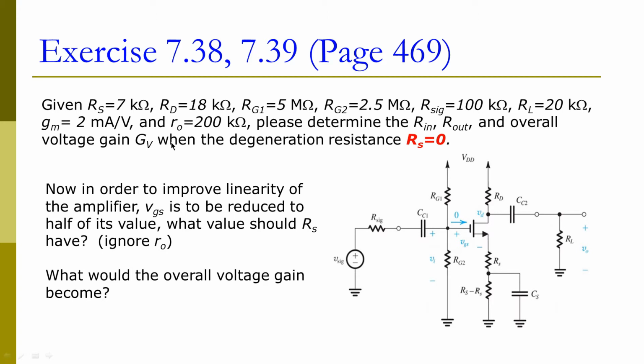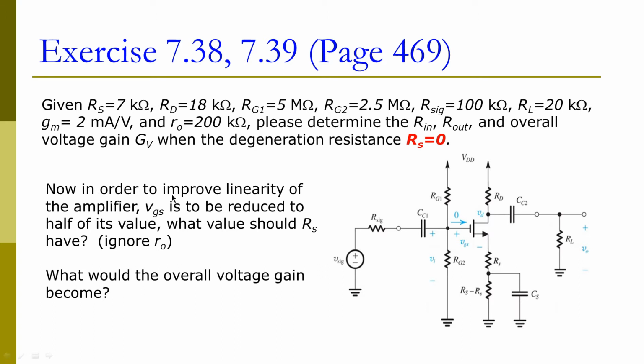What we are asked to do is to analyze the input resistance and the output resistance, as well as the overall voltage gain, when the degeneration resistance Rs equals 0, right? When this equals 0, there's no degeneration. After that, we will do further analysis.